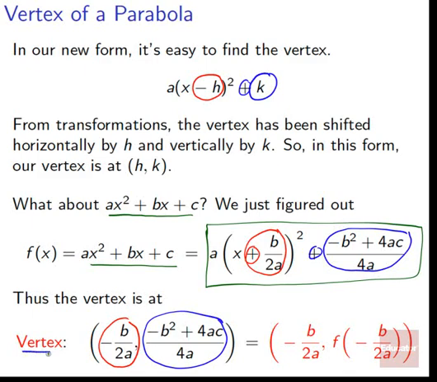Now, I think it's pretty difficult to remember negative b squared plus 4ac all over 4a, since it's also different than our quadratic formula, but it's a lot like it, so we might get the two confused. So what I would recommend is just remember that the horizontal location of the vertex occurs at negative b over 2a. And then, if you want to figure out what the vertical location is, just plug it into your function, right?